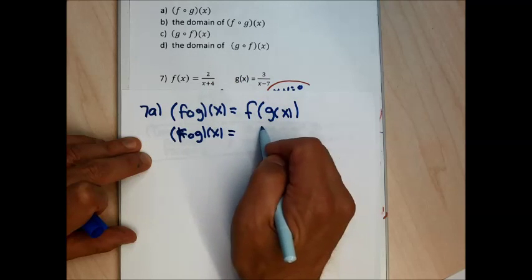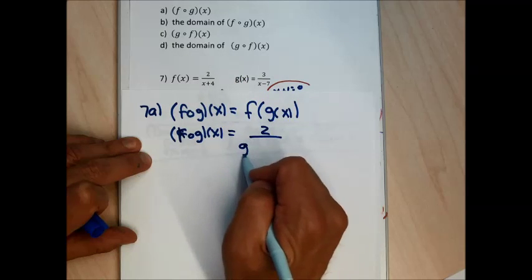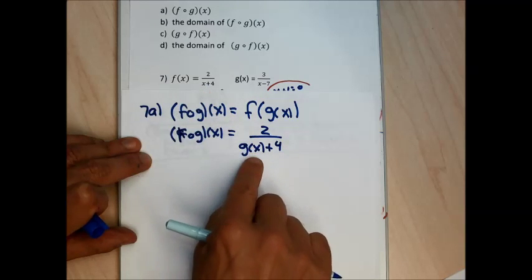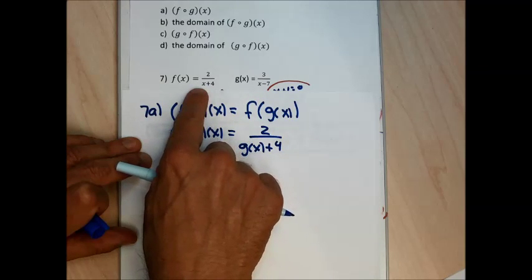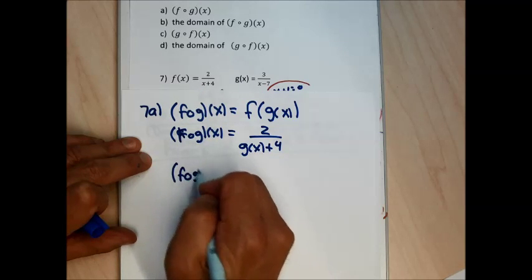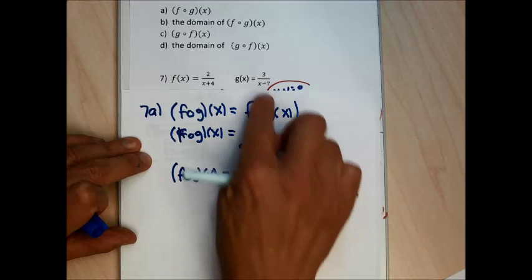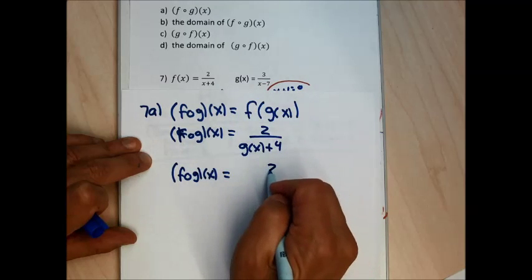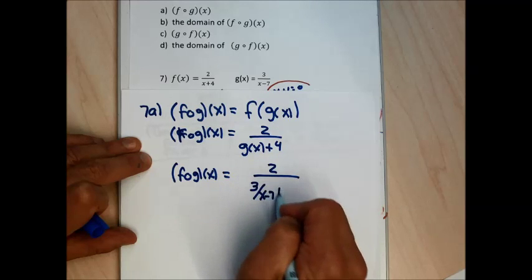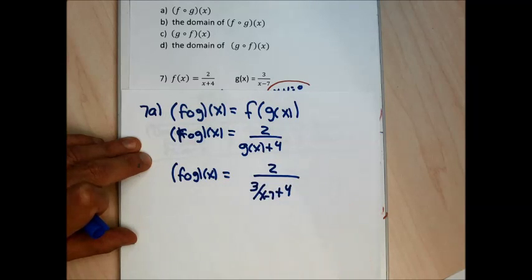So f composed with g of x is going to be 2 over g of x plus 4. The g of x doesn't need to go into parentheses because the x doesn't have an exponent or a multiplication. Now I'm going to change the g of x to 3 over x minus 7. So I'm going to get 2 over 3 over x minus 7 plus 4.